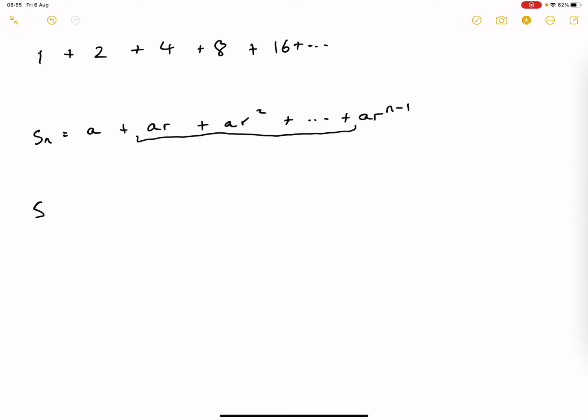So I'm going to do the sum to n times r. That's going to be AR plus AR squared plus AR cubed all the way to AR to the n, because r times AR to the n minus 1 is just AR to the n.